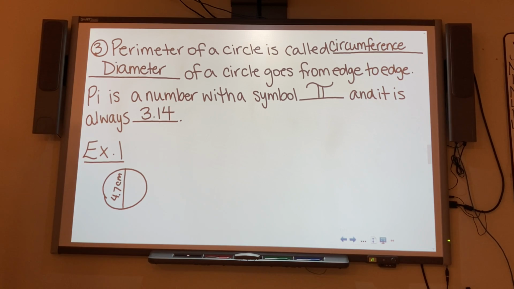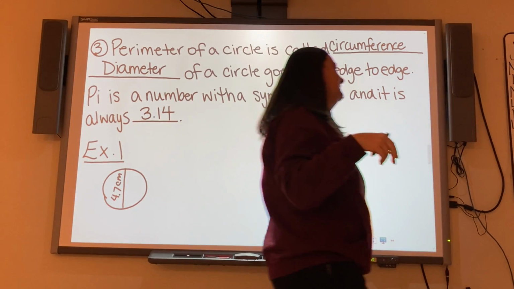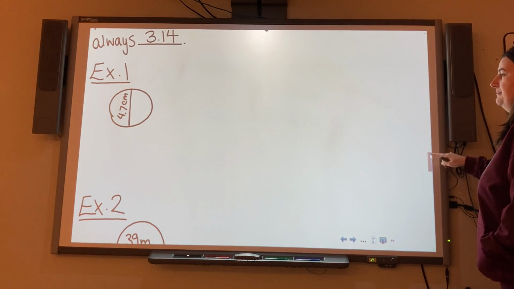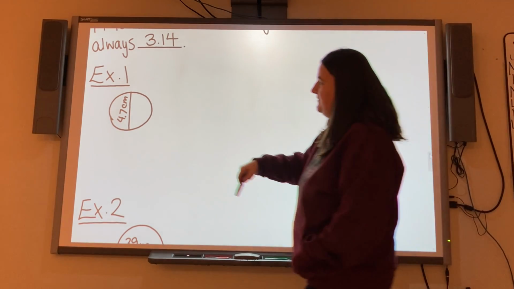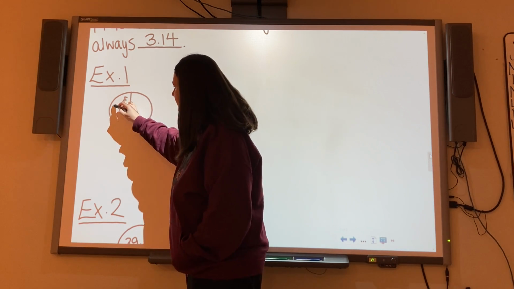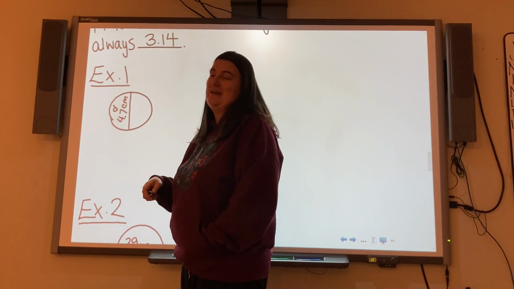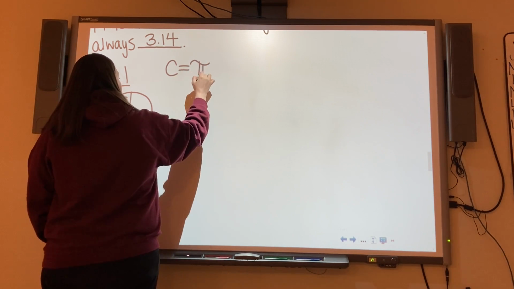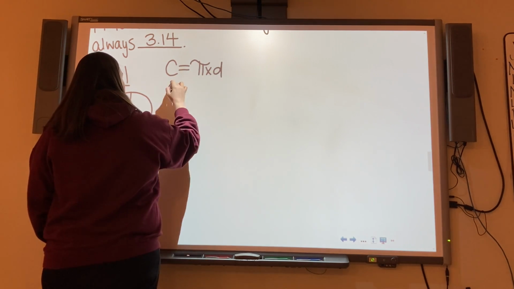So let's do example number 1 together. The diameter goes from edge to edge, so this one's fine. D is 4.7. So circumference equals pi times d.